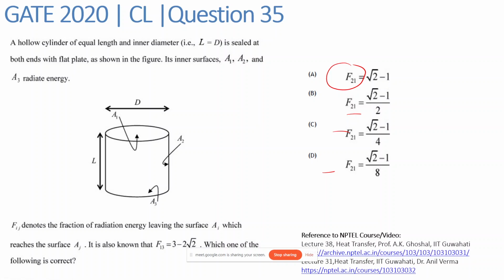In this question, we have been asked to find F21, which is the radiation energy leaving surface A2 and reaching surface 1. That is, the energy leaving the inner surface and reaching the top surface A1.